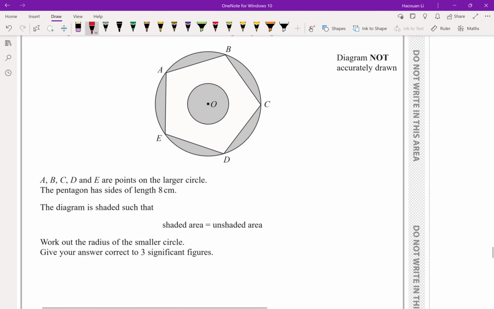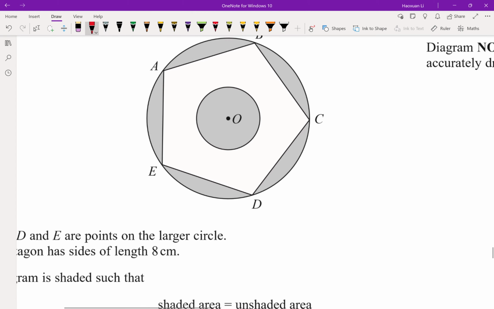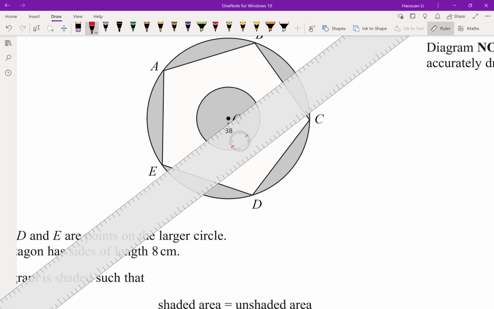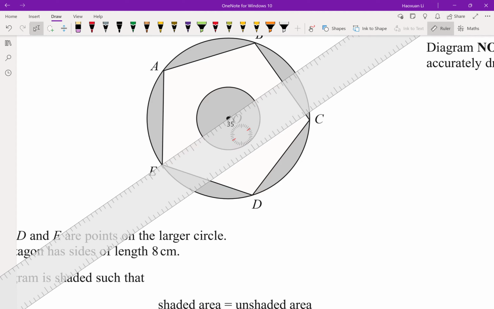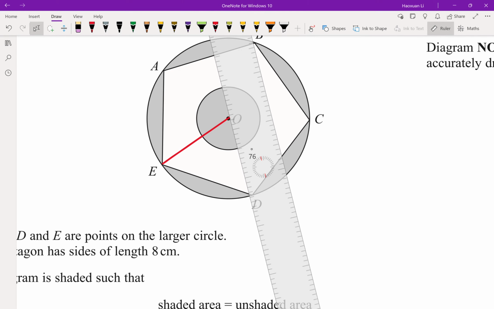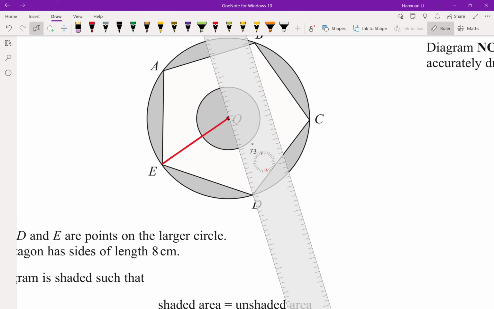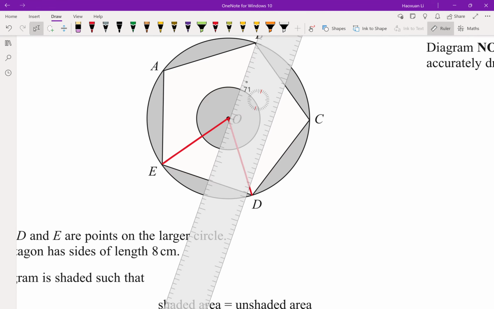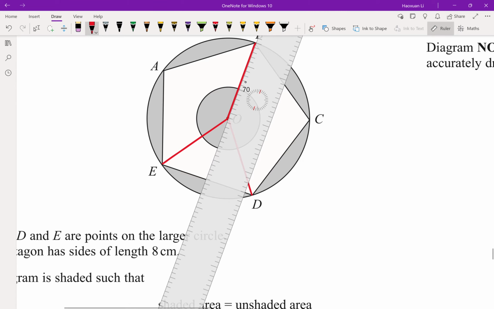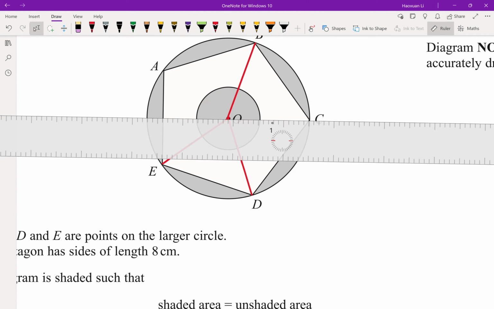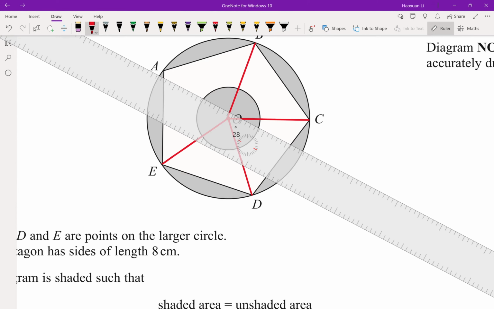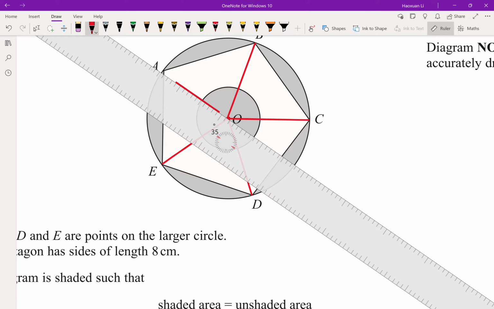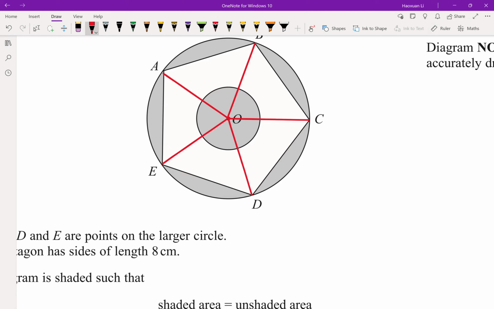So therefore, it's easier if you first split the triangle here, so that it makes it easier when you calculate the angles and use the area of a triangle.